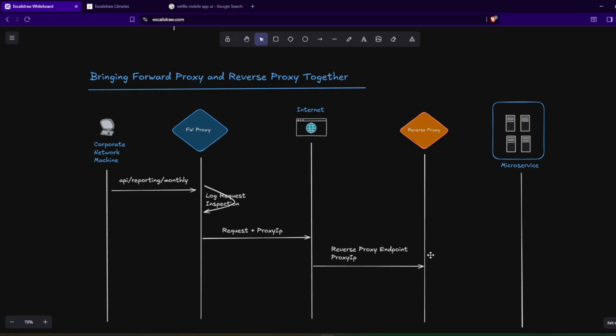For example, TLS termination, which is one of the very important aspects of the reverse proxy. If you don't have much idea around TLS termination, please see the video previous to this one. We have covered TLS in great detail.